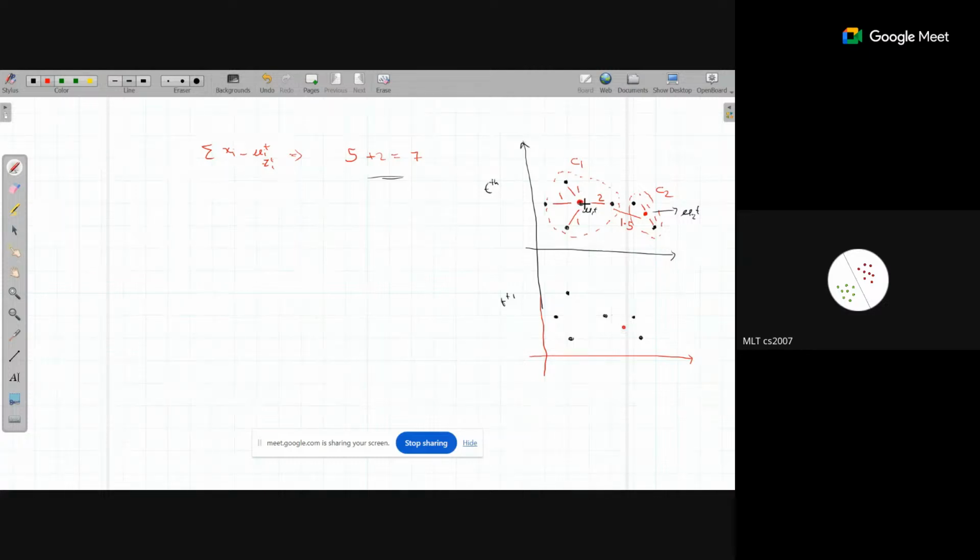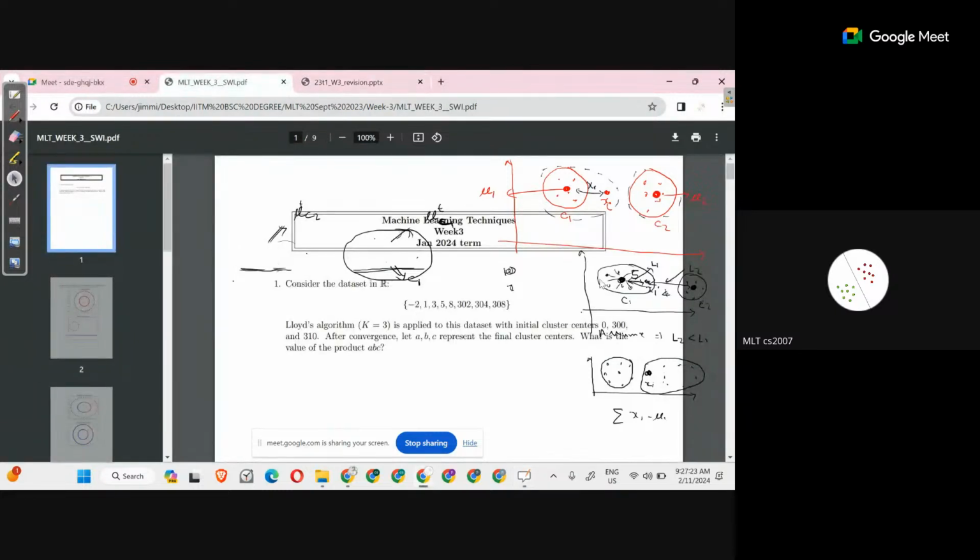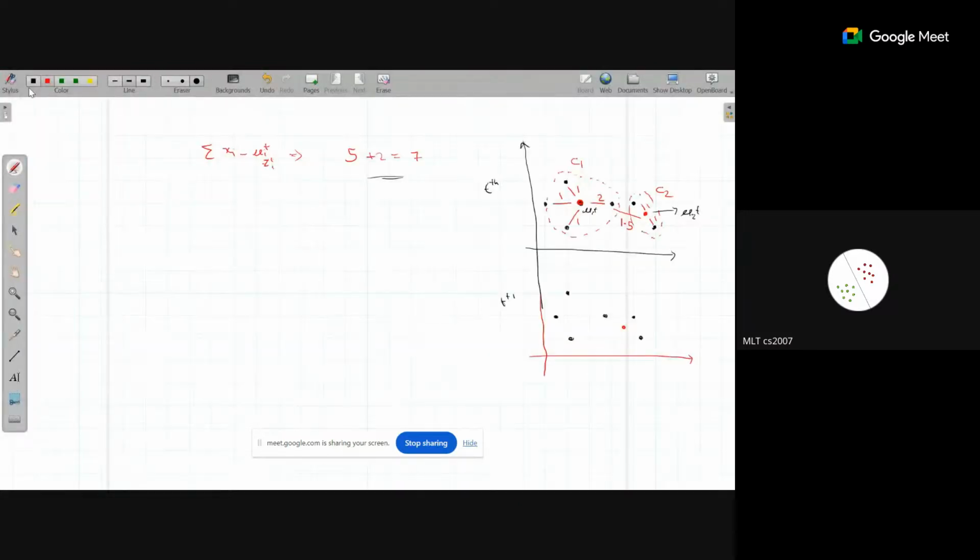As of now, just to go with that formula only, in this one we are not going for another step of mu. What we are doing here is just comparing with the old mu only.